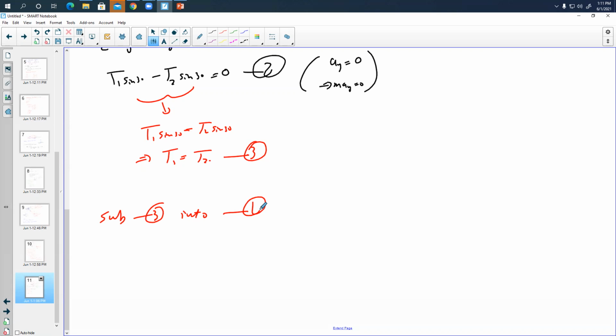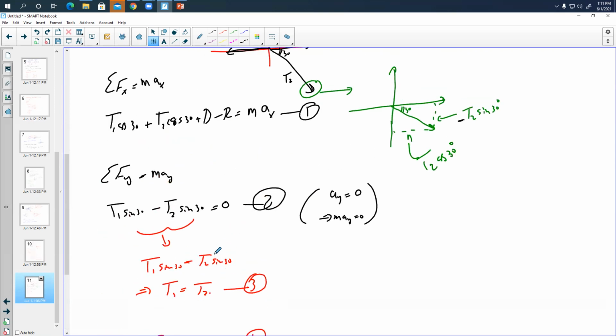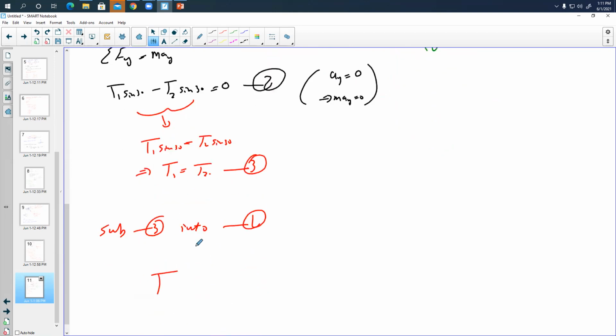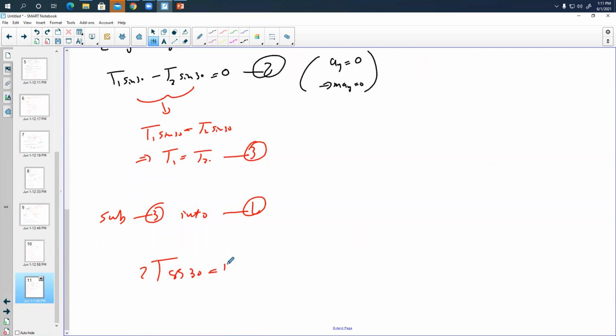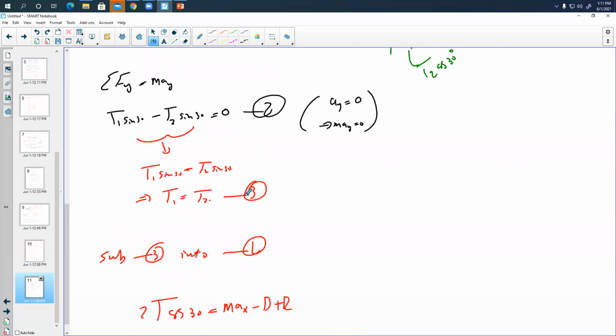And by doing so and solving it, you get 2T cosine 30 is going to equal MAx minus D plus R. We're moving these to the other side.